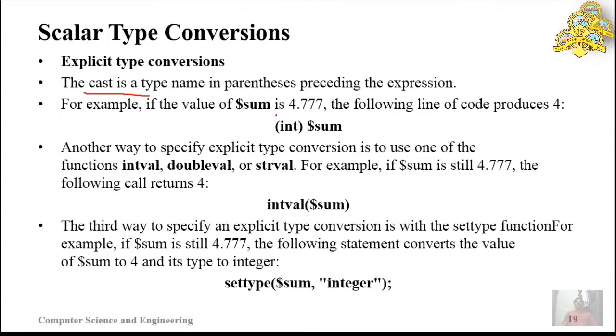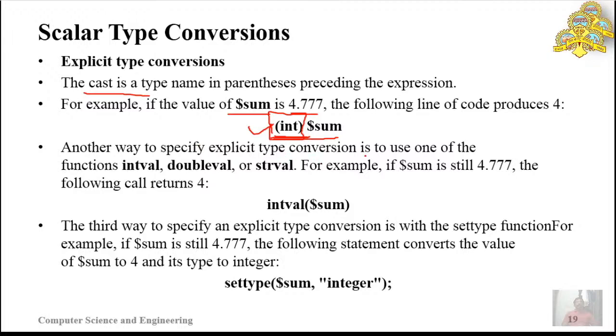For example, if the variable $sum contains the value 4.777, then to convert it into the integer value 4, we can cast it into integer by using the typecast operator, that is int. This is similar to the typecasting of variables from one type to another in C language. Similar support is also provided in Java.